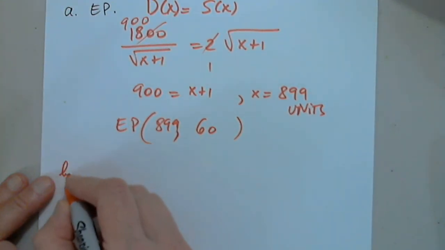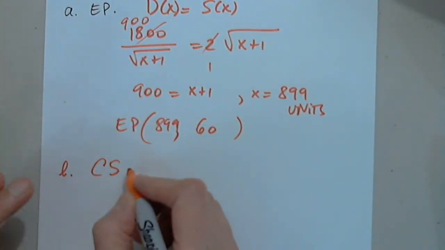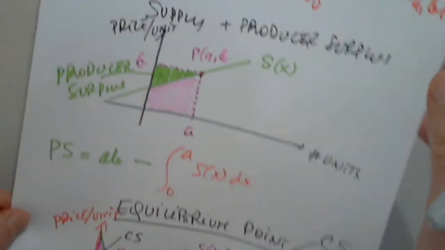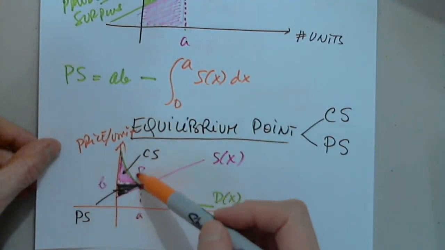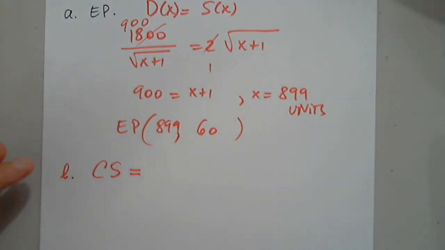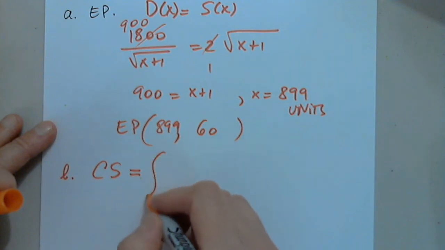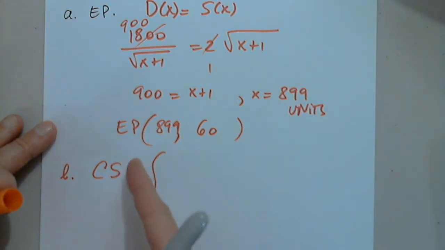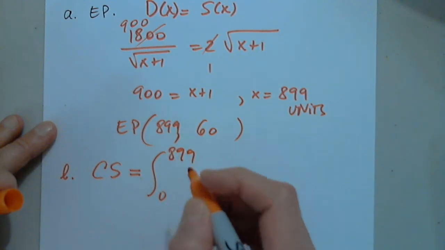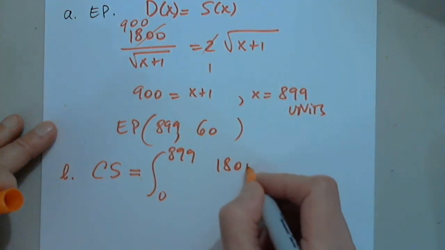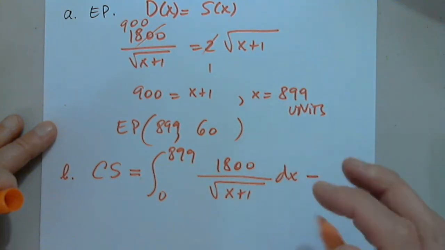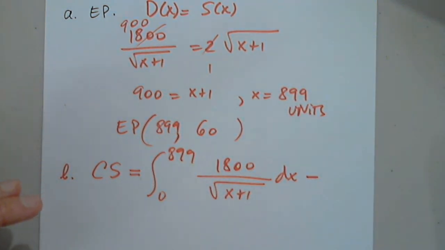Okay, part B. They want the consumer surplus. Remember what the consumer surplus is. Here's our graph: the total area minus the area of the rectangle. So the total area will be the integral from 0 to 899 of 1800 over the square root of x plus 1 dx, minus the area of the rectangle.